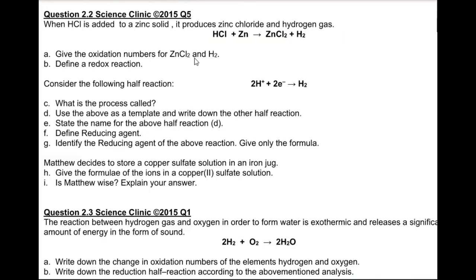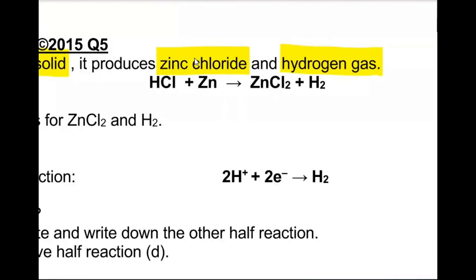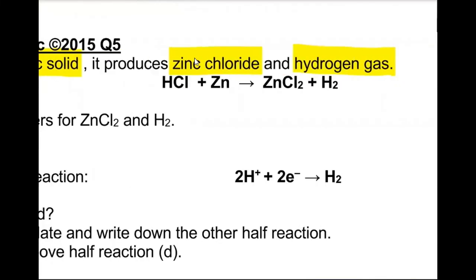So let's see, they say, when HCl is added to a zinc solid, it produces zinc chloride and hydrogen gas. And then a note of advice and maybe a note of warning is it just doesn't say anything about a balanced equation. It just says when HCl is added to zinc, it forms zinc chloride and hydrogen gas.